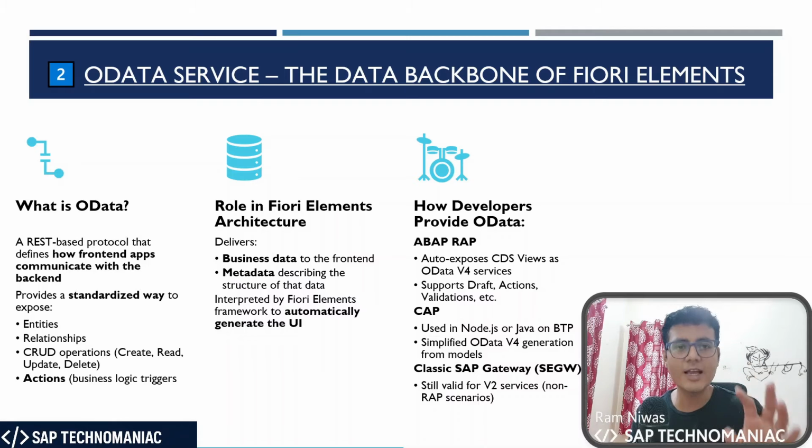If you have expertise in JavaScript or Java, then you can go for the CAPM application. And if you are an ABAPer, then definitely you should go for the RAP application. Based on your expertise, you can go. And again, based on different use cases also, you have to decide. Sometimes some use case is easy to develop in CAPM, then you can go for CAPM also.